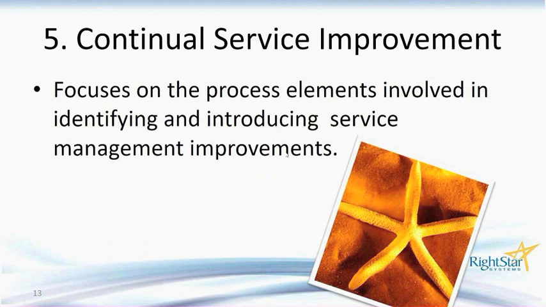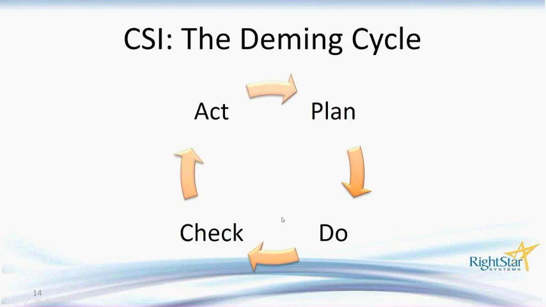So I mentioned earlier when I was doing a review of the ITIL history that I would come back to this concept of continual service improvement, which is the last phase of the service life cycle. I know this sounds a little bit strange, but in working with ITIL for so many years, I have a favorite phase of the life cycle, and it's my favorite because it's got this concept at the core of Plan, Do, Check, Act, which is the Deming Cycle.